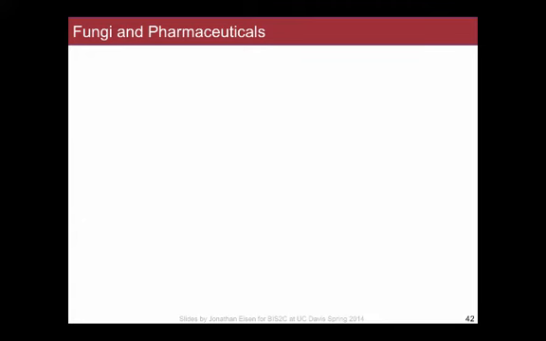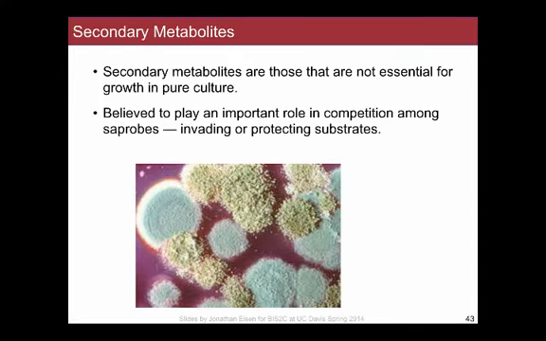So it can be a defense of lichens, for example, to keep organisms from eating them. And they produce a lot of these compounds known as secondary metabolites.